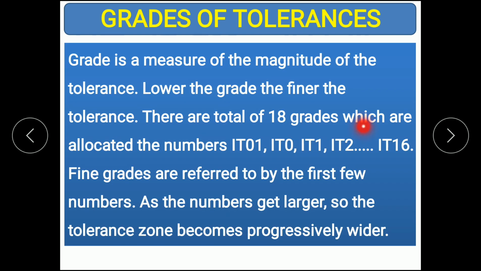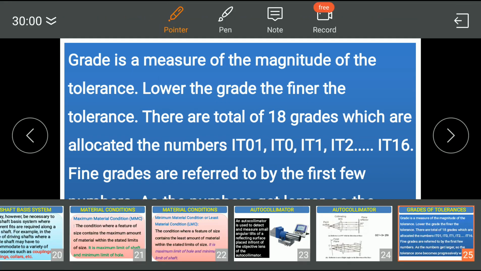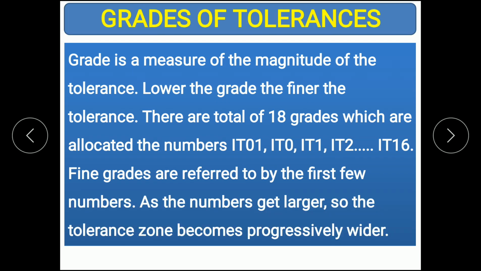So next is grades of tolerances. A grade is a measure of the magnitude of the tolerance. Lower the grade, the finer the tolerance. There are 18 grades, which are allocated the numbers IT01, IT0, IT1 to IT16.